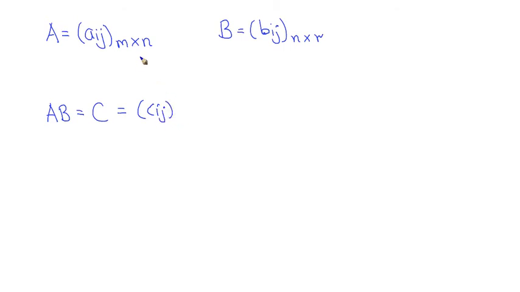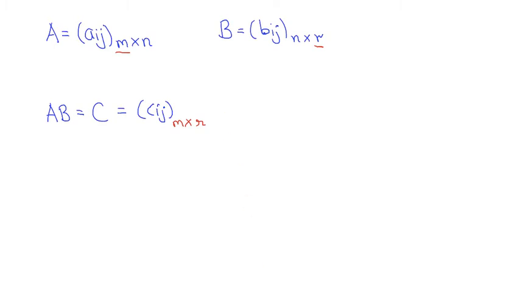What is the order of this matrix? The order will be M cross R. And how do we define all these entries? It's just a formula which you might find difficult to understand right now, but when we see examples, it will be very clear.